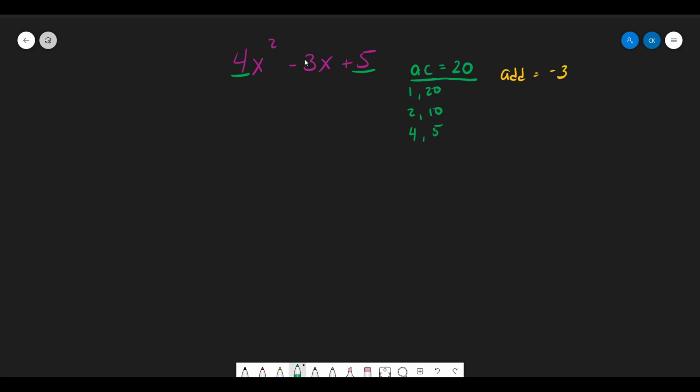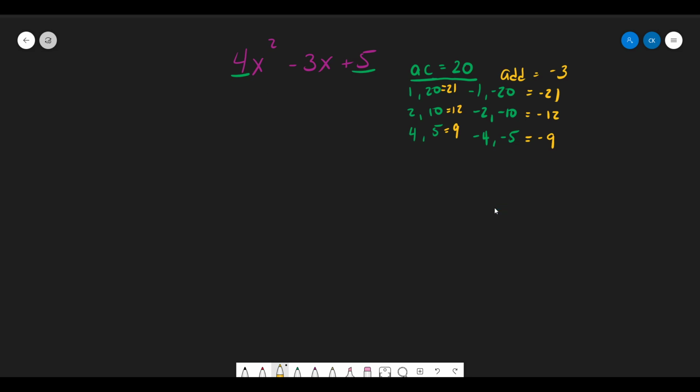So I should probably work with the negatives as well, meaning negative 1 and negative 20, negative 2 and negative 10, negative 4 and negative 5. Okay, well now if I'm looking to add here, this will give me 21, this will give me 12, this will give me 9. This is going to give me negative 21, this is going to give me negative 12, and this is going to give me negative 9.